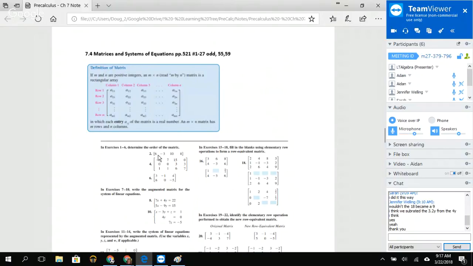So for example, for this number 2 down here, if we wanted to determine the order, this matrix has 1 row and 4 columns, so it would be a 1 by 4 matrix. The second matrix has 3 rows and 4 columns, so this would be a 3 by 4 matrix. It's going to be really important that you're able to determine the order of your matrices, because there are some rules about columns and rows matching up that we're going to get to. So I just wanted to review that with you guys.